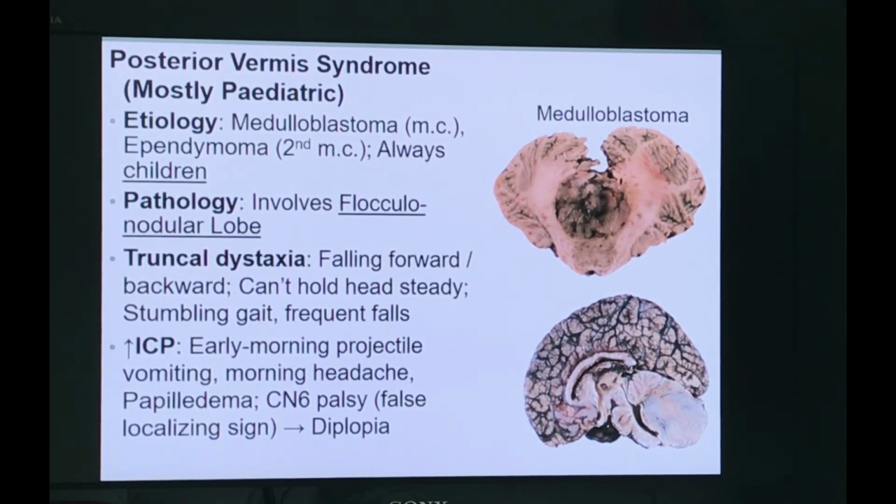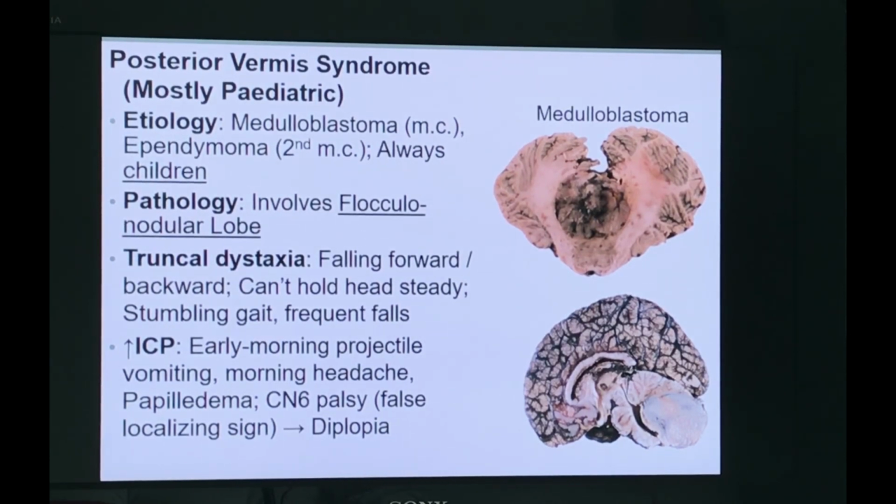So this is a kind of false localizing neurological sign, where the dysfunction is distant from the site. It is not at the particular area where the abducens nerve nuclei are present, but distant from the site of the pathology. This is because the abducent nerve has a long intracranial course.